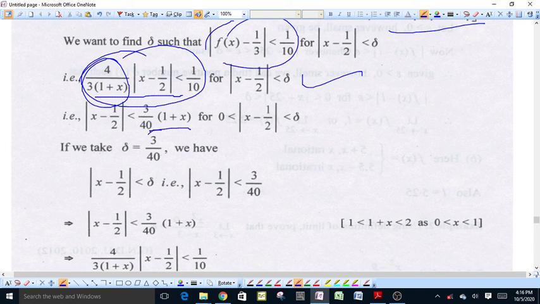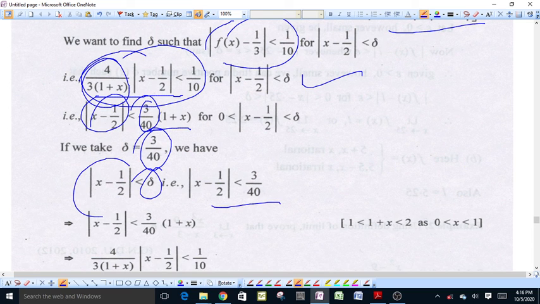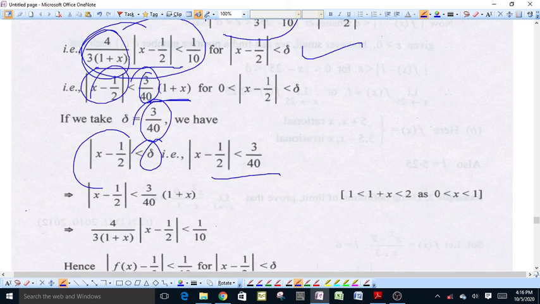If we take delta equal to 3/40, we have |x - 1/2| less than 3/40, that is equal to delta. Also 1 + x is greater than 1, this means |x - 1/2| is also less than 3/40 into (1 + x), because 1 + x lies between 1 and 2, because x lies between 0 and 1.